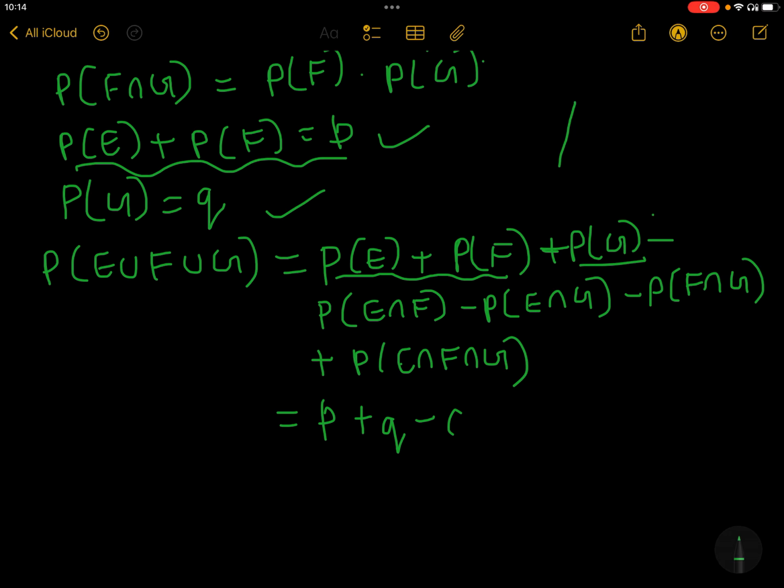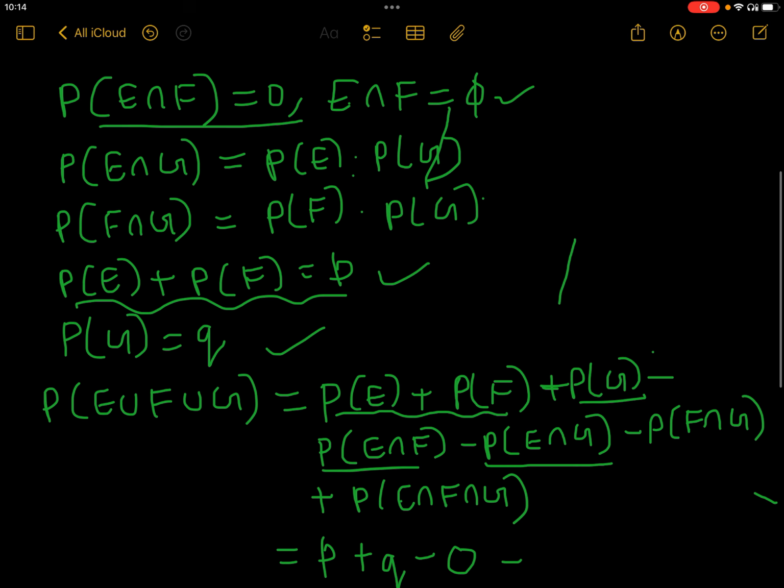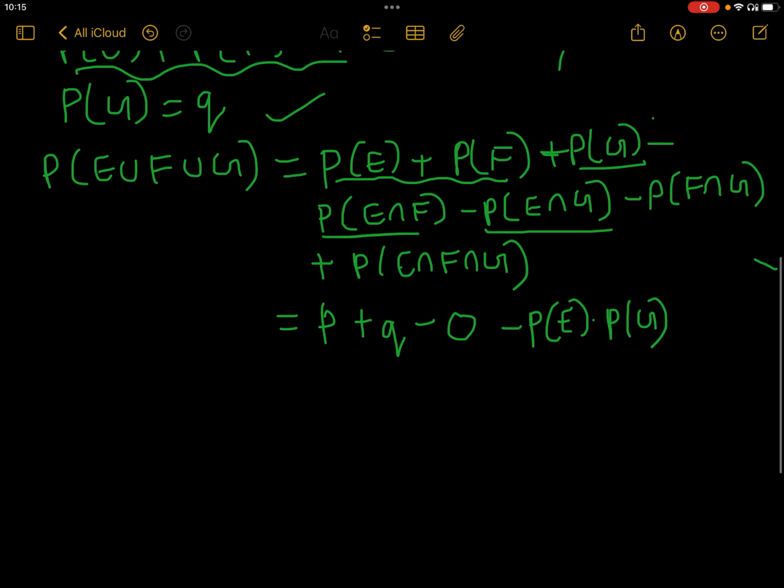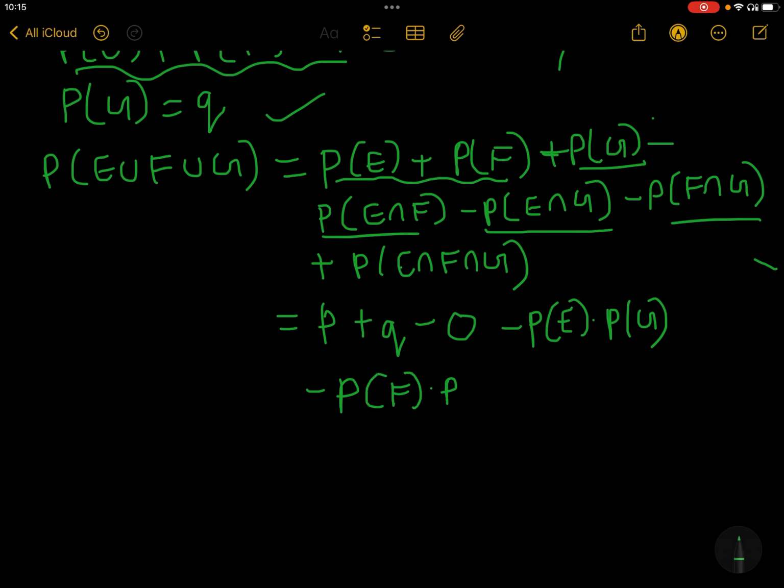Then minus P of E intersection G, which is P of E into P of G. Also, P of F intersection G is written as minus P of F into P of G, because F and G are independent events. Then we need to find P of E intersection F intersection G.